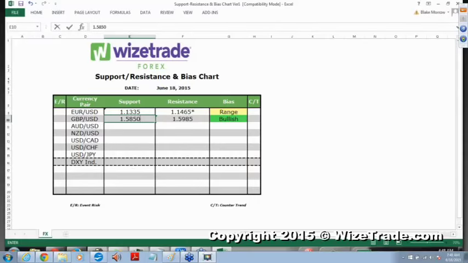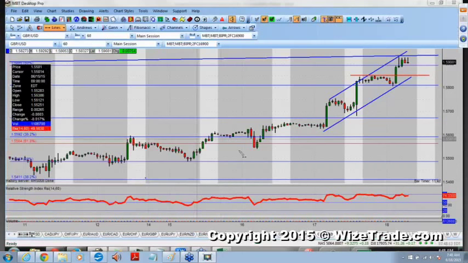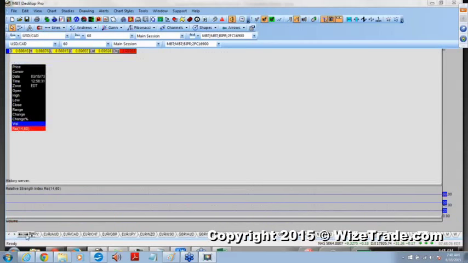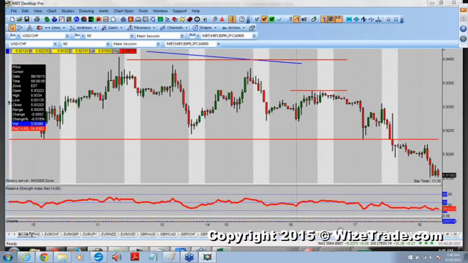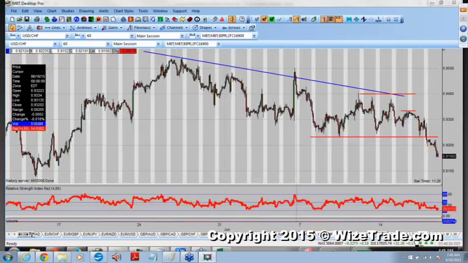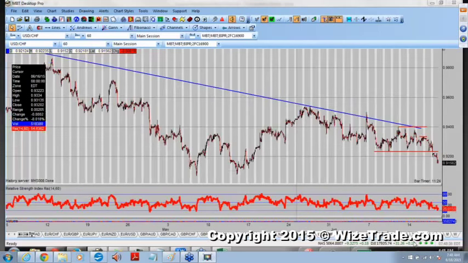All right, let's go take a look at the Swissy. So the Swiss National Bank left rates unchanged. No real guidance from the Swiss National Bank either.